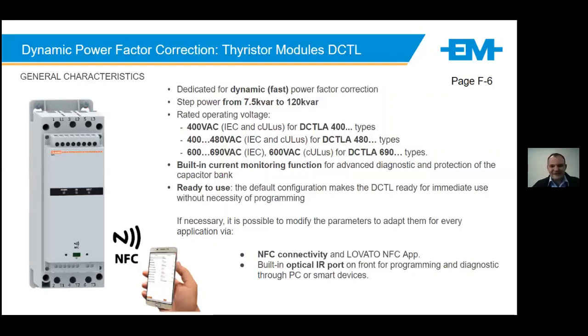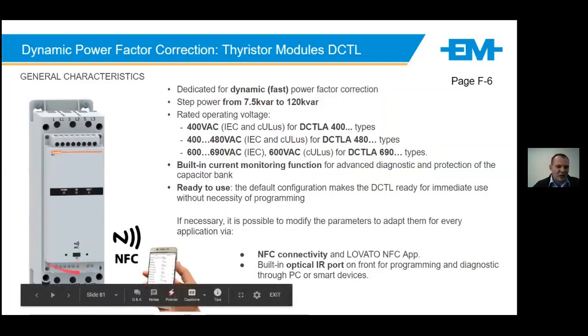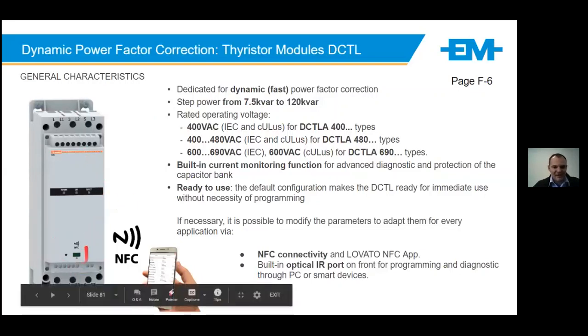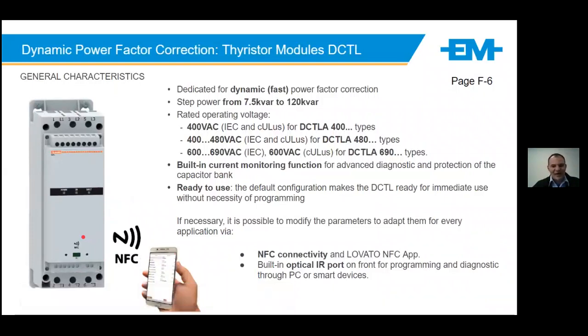They are by default ready to use. I would always advise tweaking your safety settings based on your requirements. This can be done via the NFC. So using the Lovato app, you can pre-program all your thyristors. So if they're all the same, you could copy paste that program across each thyristor.